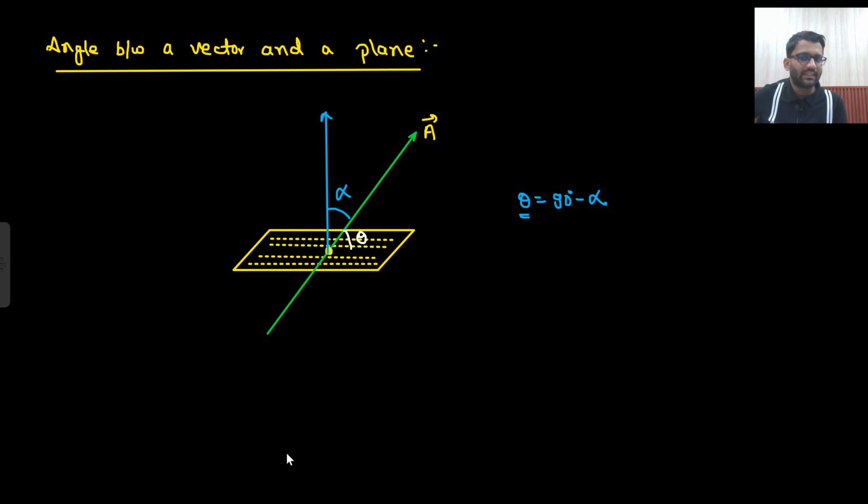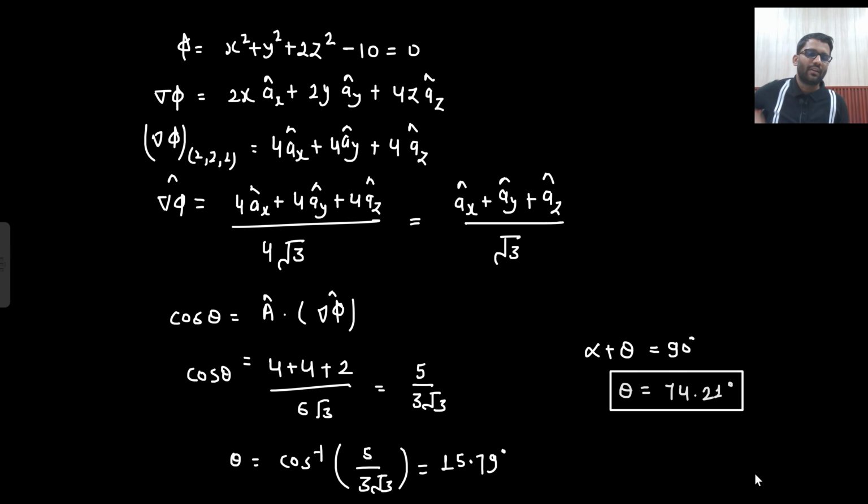This I have taken as theta, this I have taken as alpha. So let me interchange it, otherwise you are getting confused. The actual angle I need is alpha, and what you are finding is theta. So alpha will be 90 minus theta. So this is what we have done. My alpha is 90 minus theta.